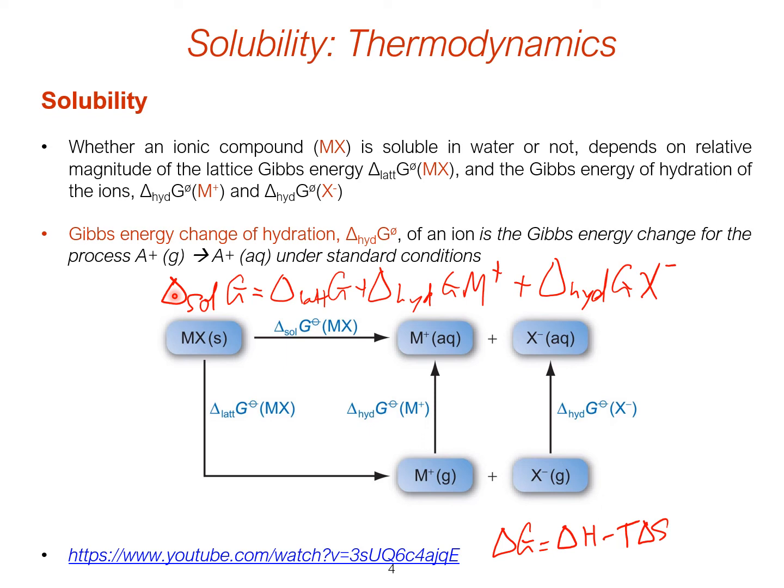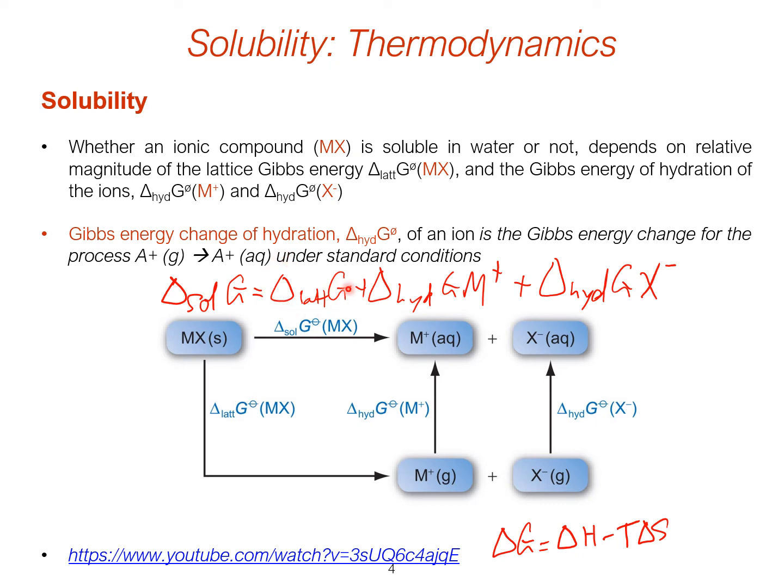It's also important to know that I said delta G of solvation is very small. These other values are all very large though. So delta G of the lattice is very large and positive, much like the lattice enthalpy we've been looking at for the last few lectures.